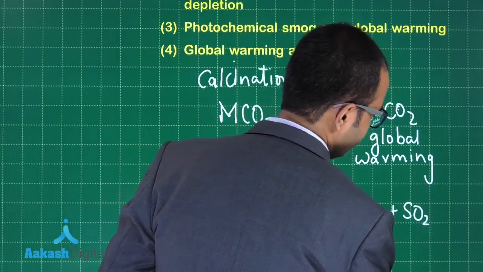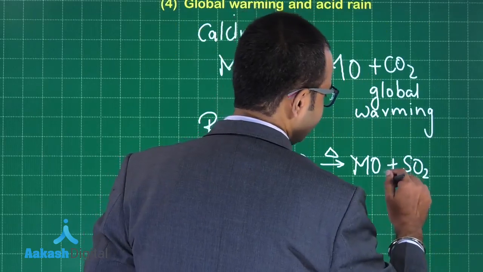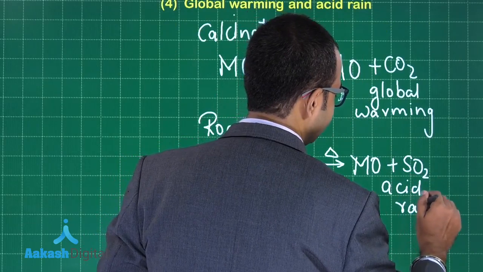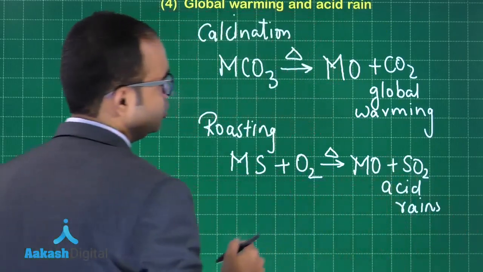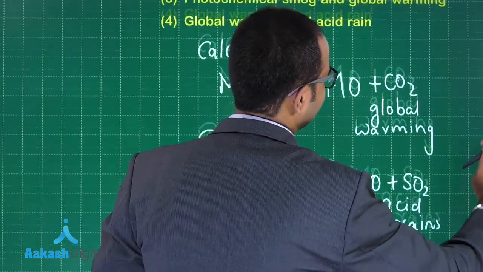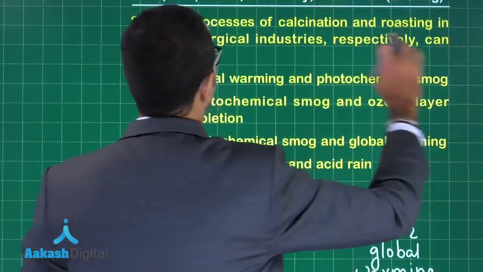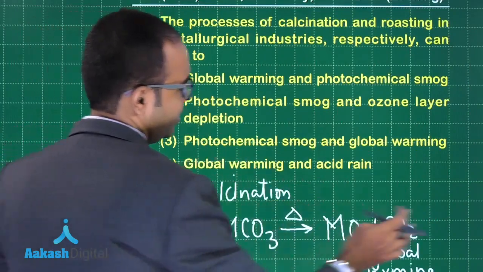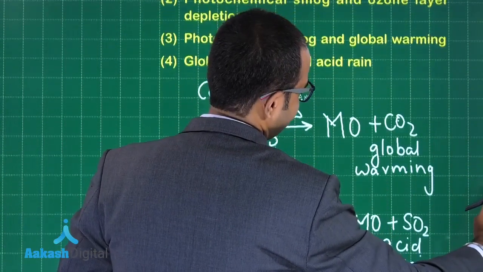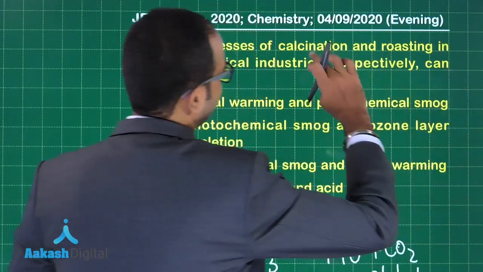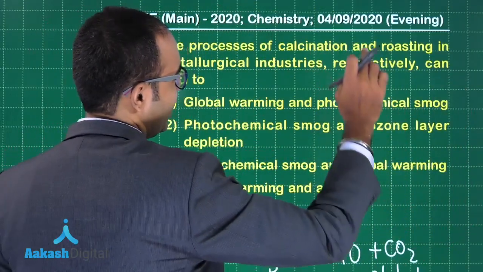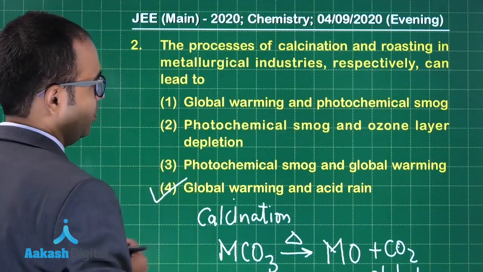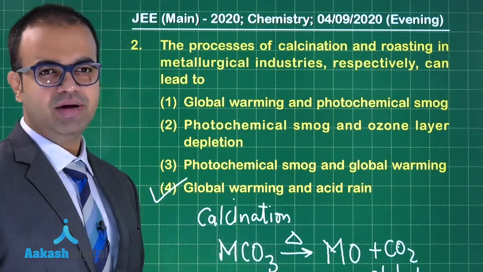Now this SO2 is responsible for acid rain. So which option fits? Calcination causes global warming and roasting causes acid rain. So the answer is option 4. Is this clear, guys? A very easy question.